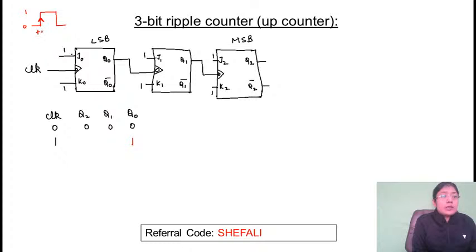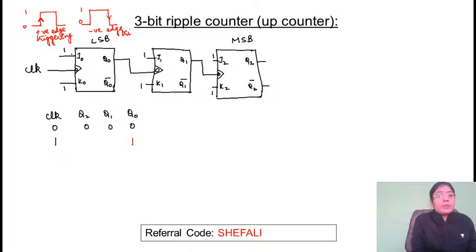This is positive edge triggering. Negative is when it is coming from 1 to 0. This is 0 and this is 1. When it is coming from 1 to 0, that is known as negative edge triggering.